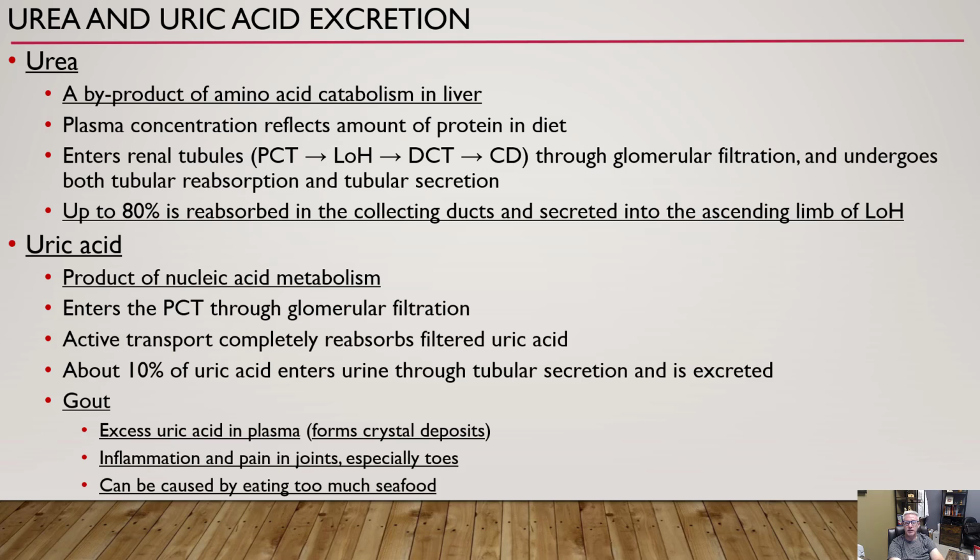So you can say that urea is filtered, but then it also undergoes both tubular reabsorption and tubular secretion. Up to 80% is reabsorbed in collecting ducts and secreted in the ascending loop of Henle.